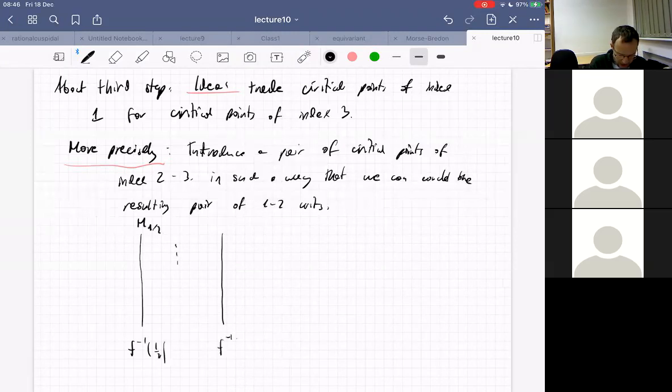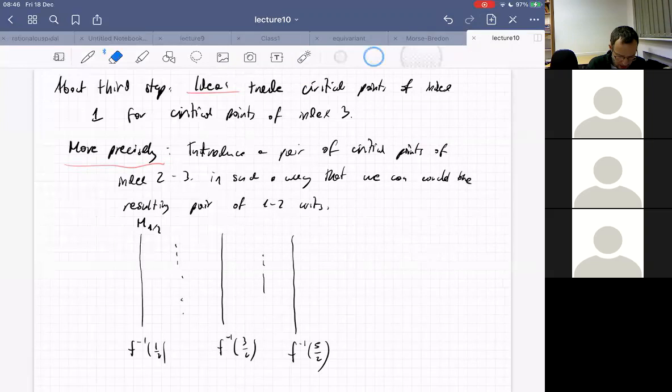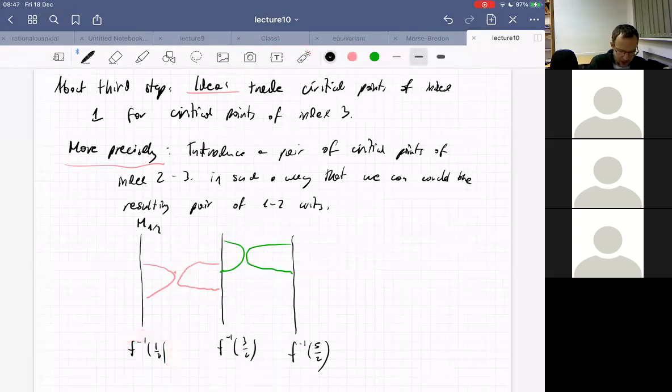Here we have f inverse of 3/2, f inverse of 5/2. Okay, and we have level sets, and maybe these critical points should be drawn like this, and maybe like that. And of course, below the level set f inverse of 1/2, we have just precisely one critical point.